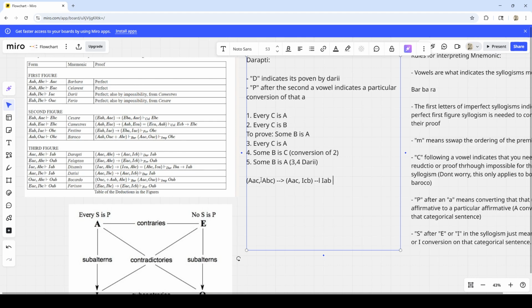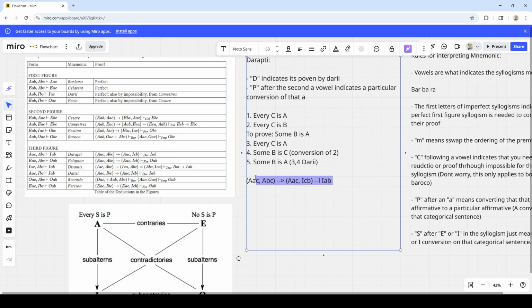Every C is A, every C is B. To prove that some B is A, we restate premise 1, so every C is A, and then we convert premise 2 to some B is C, and then we can logically conclude that some B is A.